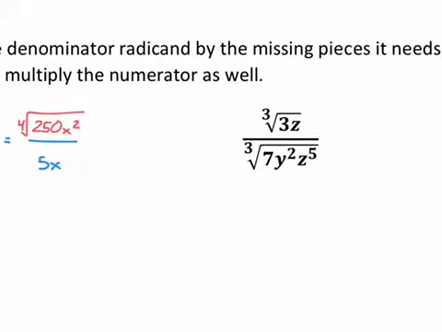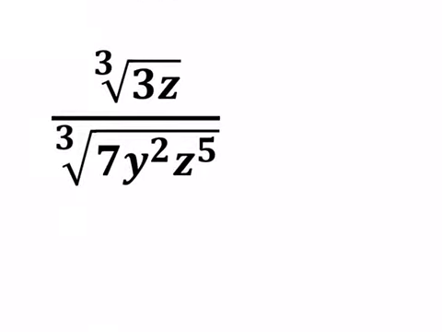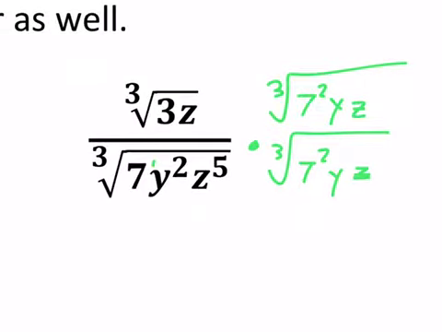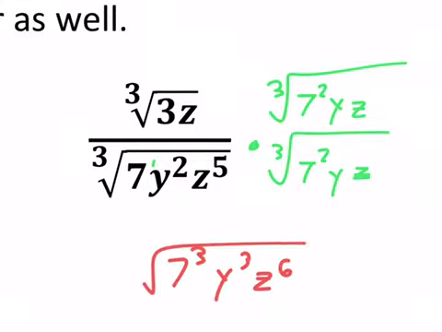And then last one here, we've got a cube root scenario. So we need a 7 squared to match up with the 7 to the first. I need 1 y. For z, I just need to get it to the next closest multiple, which would be z to the 6th, so I'm going to bring in 1 z. So the denominator here, I'd get 7 cubed, y cubed, z to the 6th.